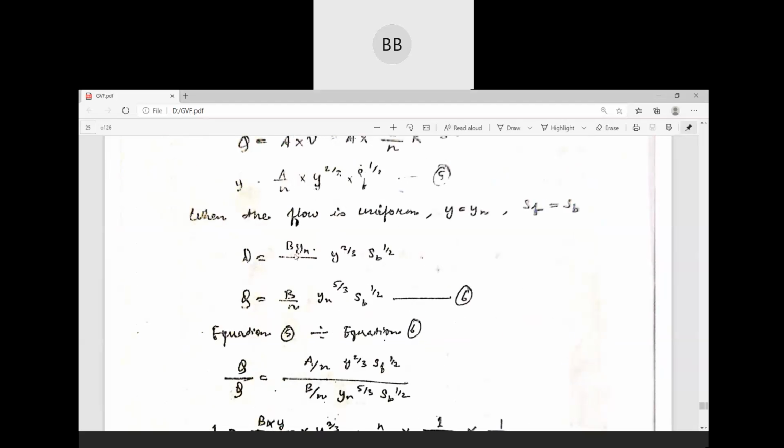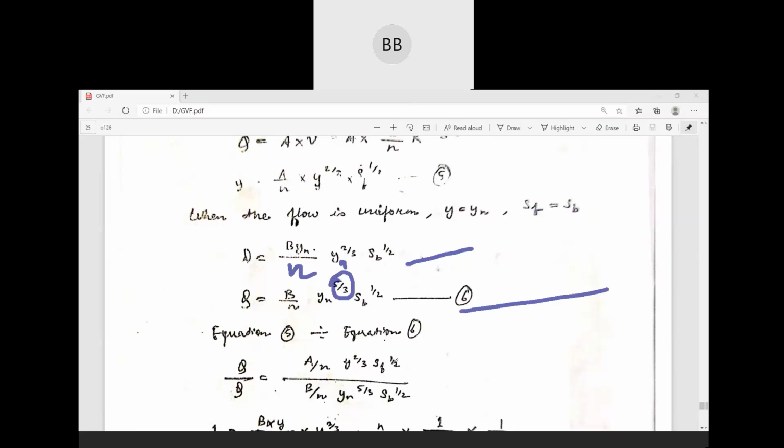This is equal to area, B into yn, divided by n, that is Manning's n, y to the power 2 by 3, Sb to the power half. So the Q will be B by n, and this will be with addition, because yn multiplied by yn to the power 2 by 3 will be 5 by 3, Sb to the power half, equation 6.